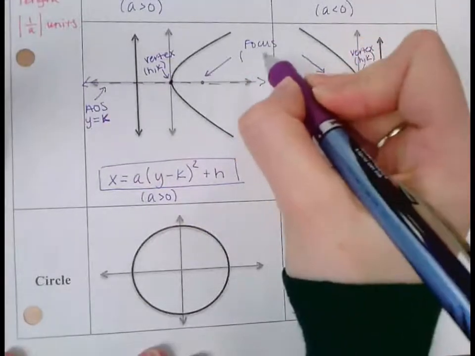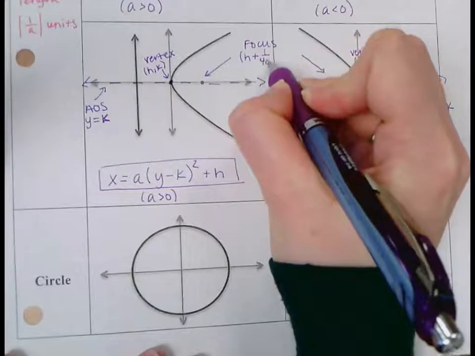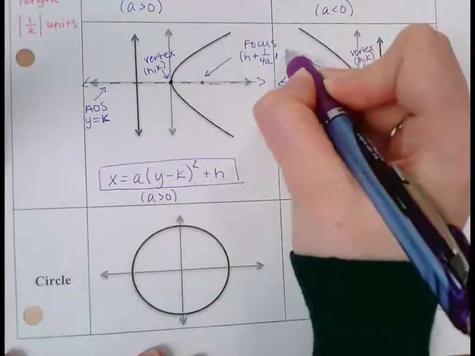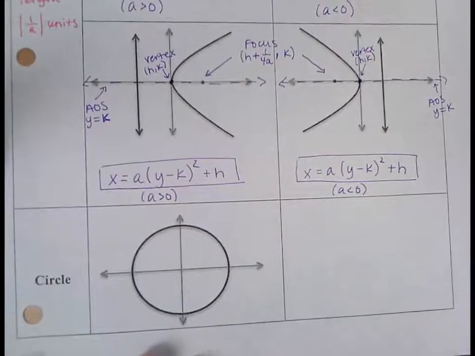So the x-coordinate is the formula h plus 1 over 4a. The y-coordinate is just k. So x is h plus 1 over 4a. Y-coordinate is k for the focus.